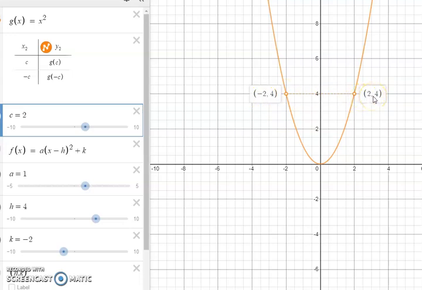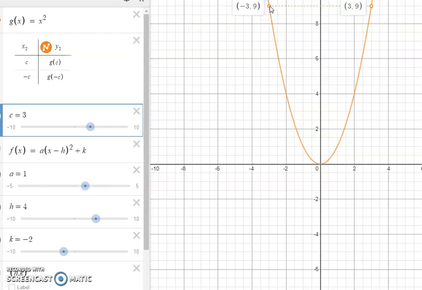So the symmetry has to arise because a negative value will be the same as the equivalent positive value, the absolute value of that. If I went up to 3, 3 squared would give me 9, which would be off the top here, and so on. My negative values, negative 3 squared also gives me 9.